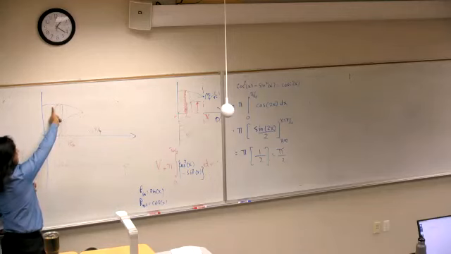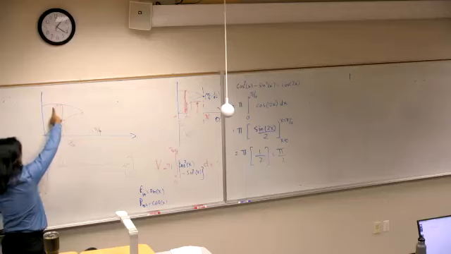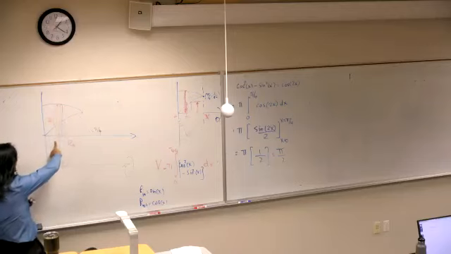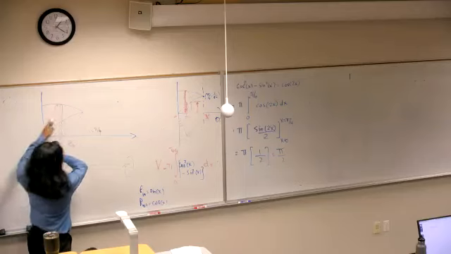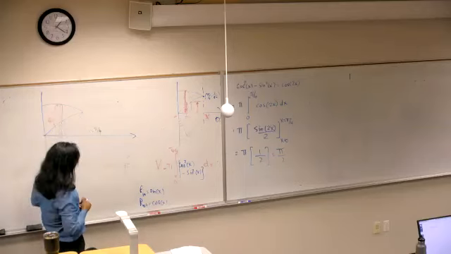Agreed? I am adding a tiny bit to that original value because of the shift. How far did I add? Well, I added 2 units, correct? So 2 plus whatever I had originally.